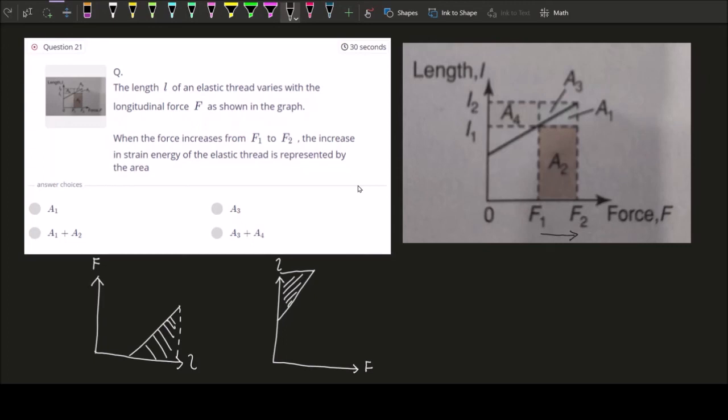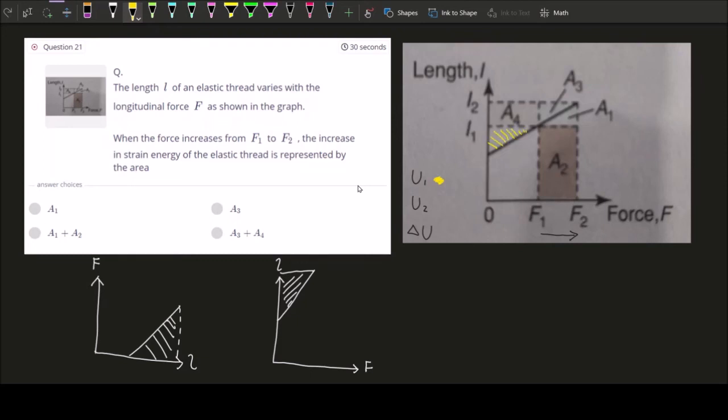Let's find the strain energy in situation 1, and we find the strain energy of situation 2. Then we find the increase in strain energy. I will use the yellow line for the first situation. So the first situation will be this.